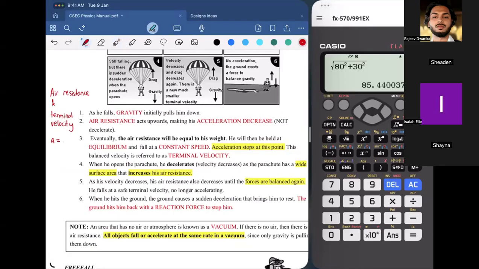So A would be equal to what? If it's moving at terminal velocity, that means the acceleration is zero. So A is equal to zero. Ladies, do you all understand why? Yes. Cool. Shay, hope you understand that. At terminal velocity, A is equal to zero.